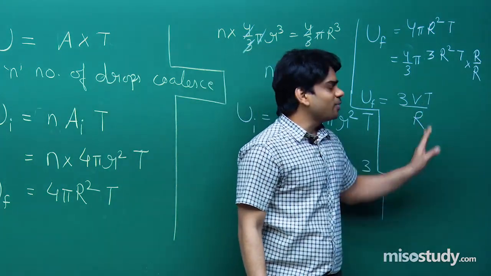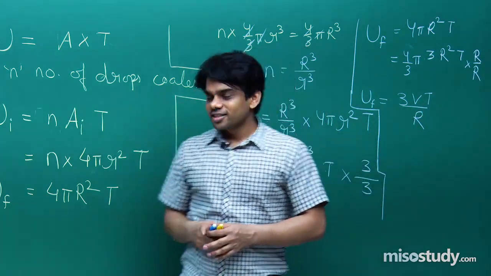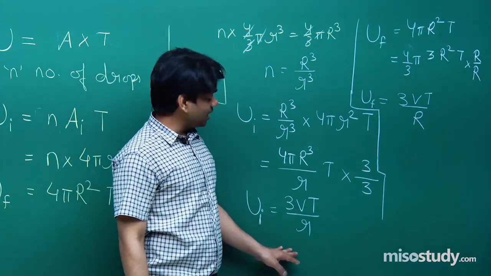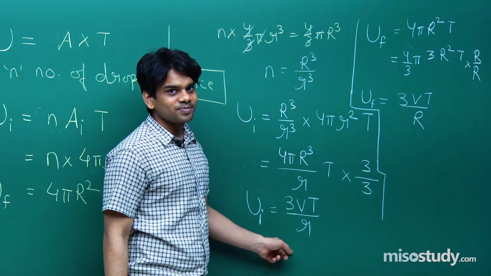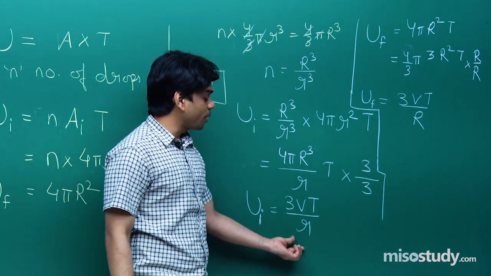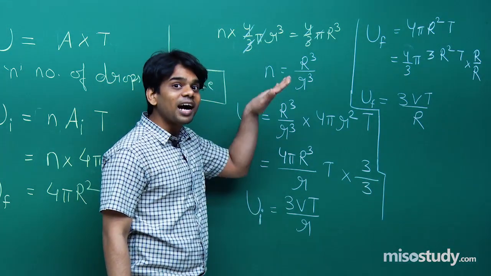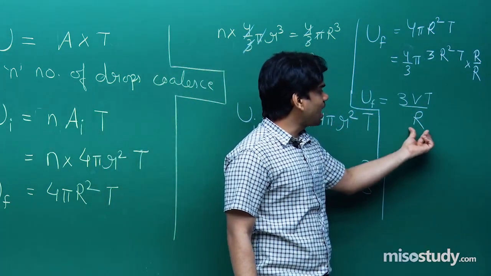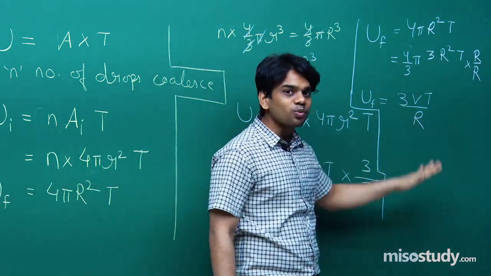Final potential energy is 3 VT by R, initial potential energy is 3 VT by small r. Can you see small r is lesser, for the smaller drop, it is in the denominator. So initial potential energy will be higher, and final potential energy will be smaller, because R is larger, so U_f will be smaller.